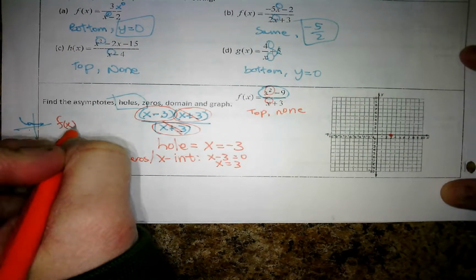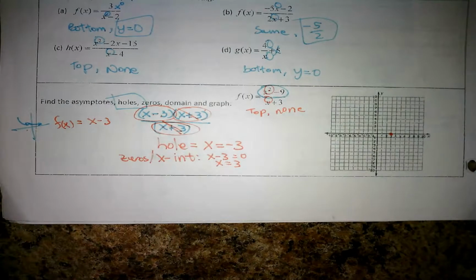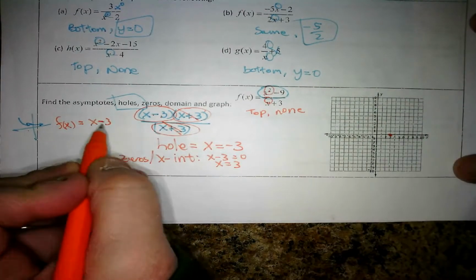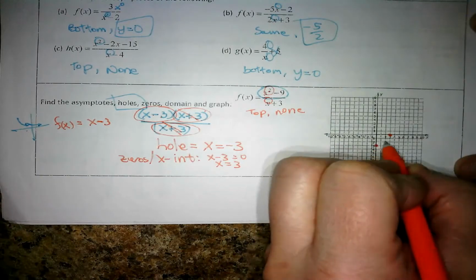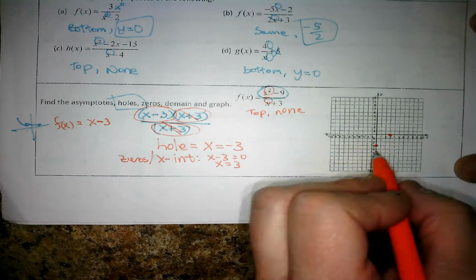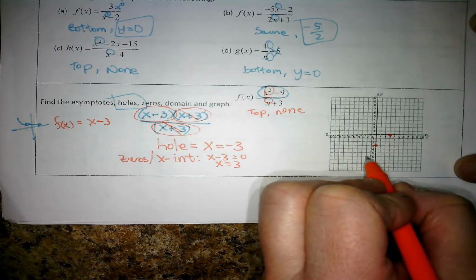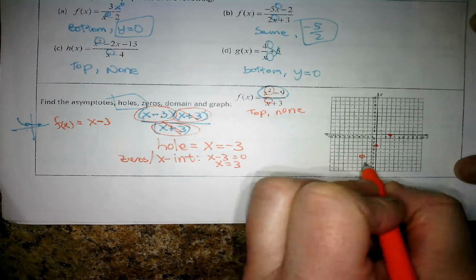So it's actually a linear function, right? So our slope is 1 over 1, and we're at negative 3 here. So we can go up 1 over 1, up 1 over 1, and down 1, back 1, down 1, back 1. Remember I said that was going to be at about negative 6. So that's our hole.